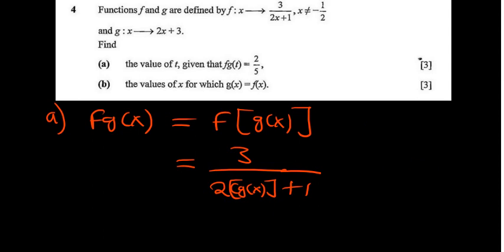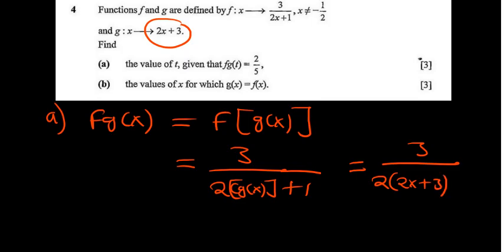So what do we have at this point? We're going to have 3 over, now where there's g of x, we know g of x is 2x plus 3, and then plus the one that's already there. Okay, we can now simplify this.